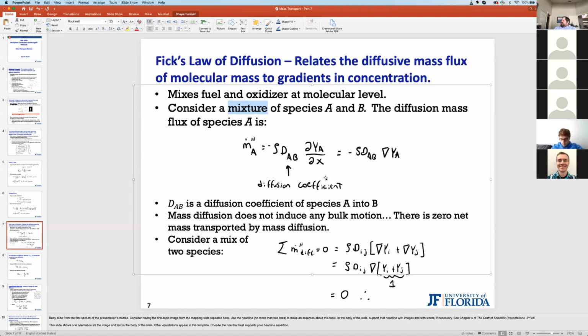And Fick's law of diffusion is analogous to Fourier's law for heat conduction, but instead of mass diffusivity here, you would have a thermal diffusivity here. Okay. And in many ways, this is called mass transfer, and mass transfer and heat transfer are analogous phenomena. In fact, they're so analogous that usually the last chapter in your undergraduate heat transfer books is a chapter on mass transfer.